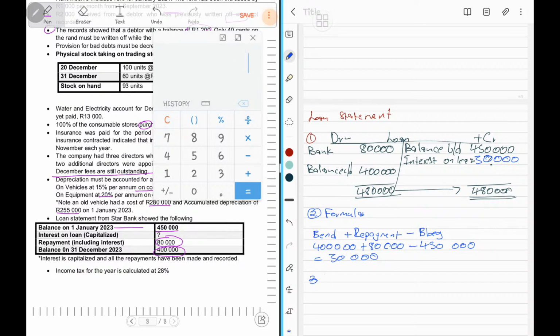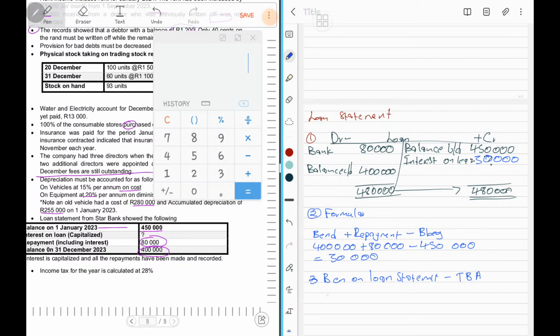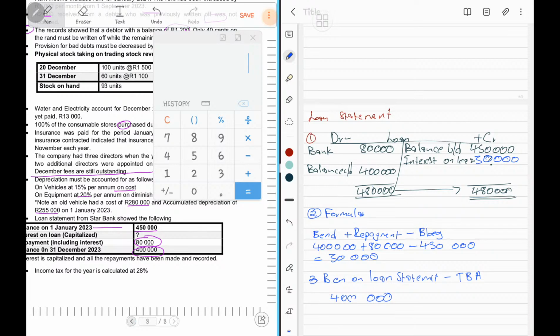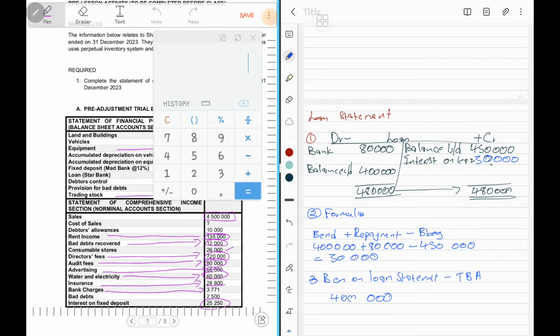Then approach number 3 is that you compare. It will be balance at end, B end on loan statement, then you subtract the trial balance amount, TBA. So if we check the one on the loan statement, we have 400,000.